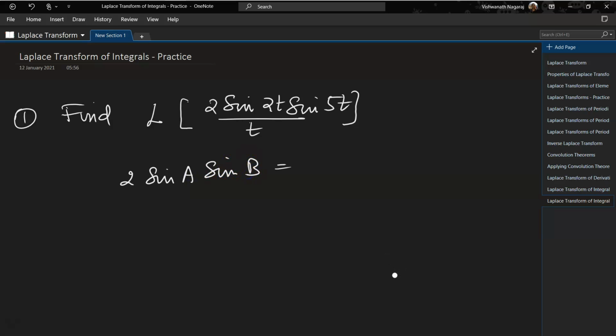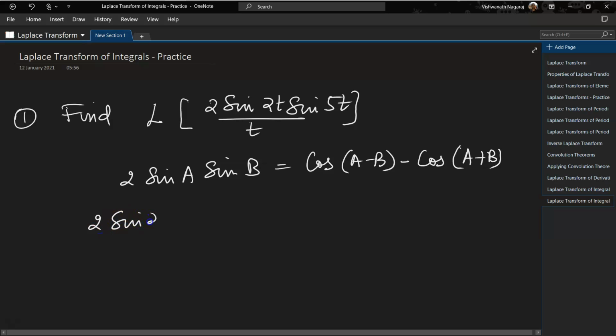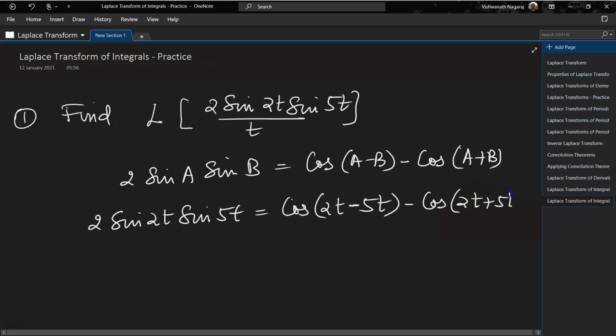The identity that we can use is cos(A minus B) minus cos(A plus B). So 2 sine 2t sine 5t is equal to cos(2t minus 5t) minus cos(2t plus 5t), or cos(minus 3t) minus cos 7t.